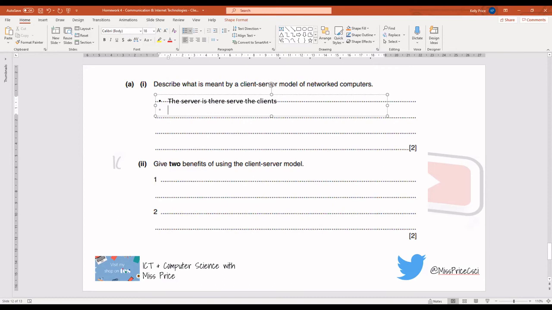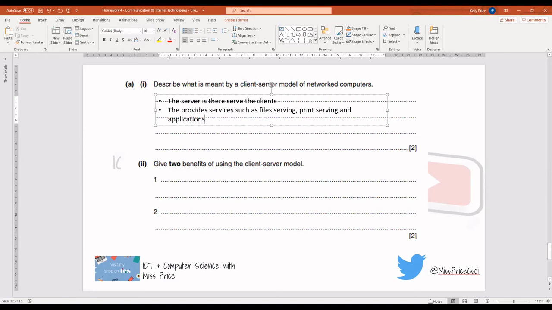Now, what do the servers do? The server provides services such as file serving, print serving, and applications. It's a two-mark question, so I think that would be enough.